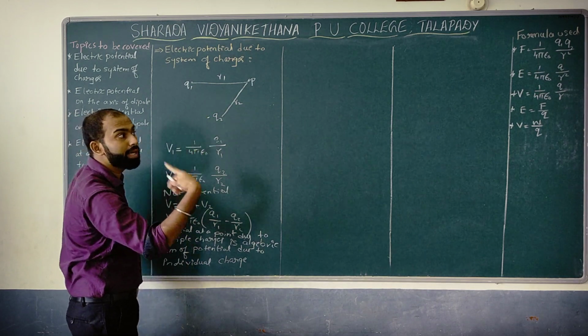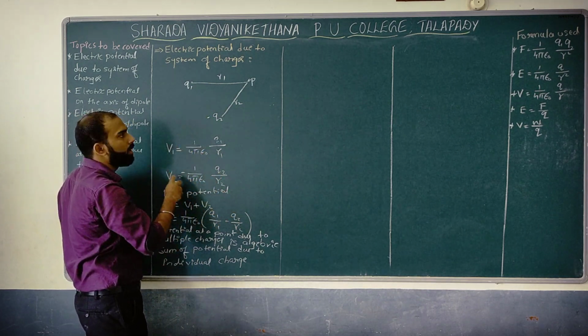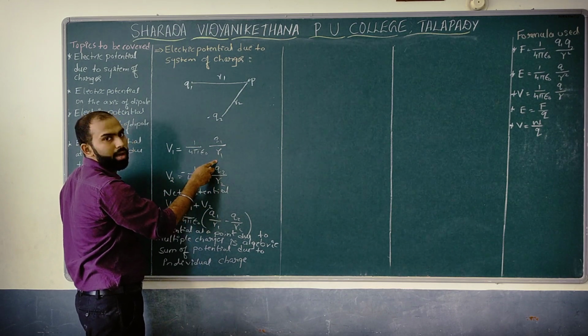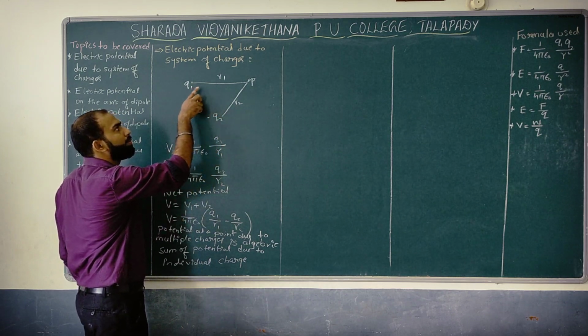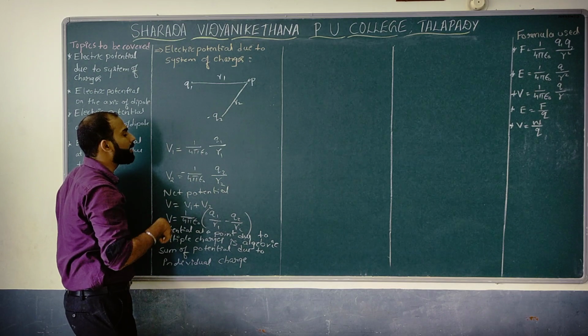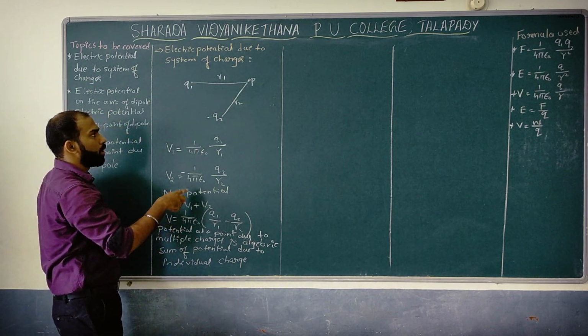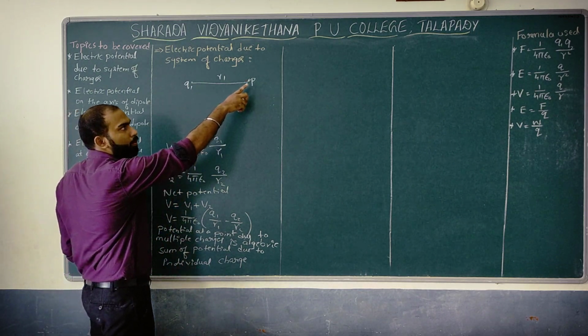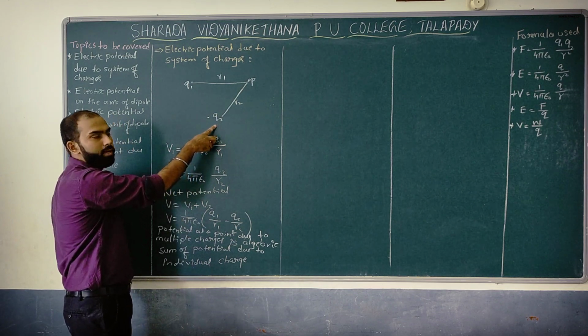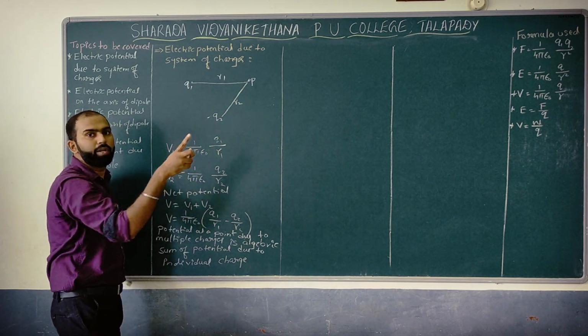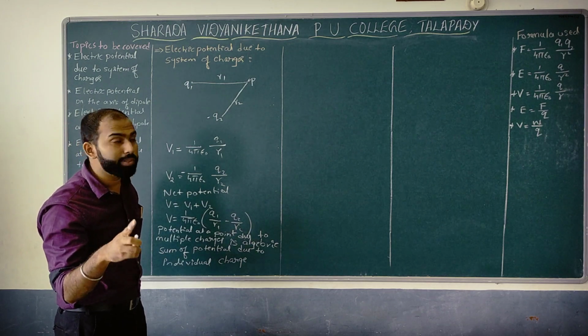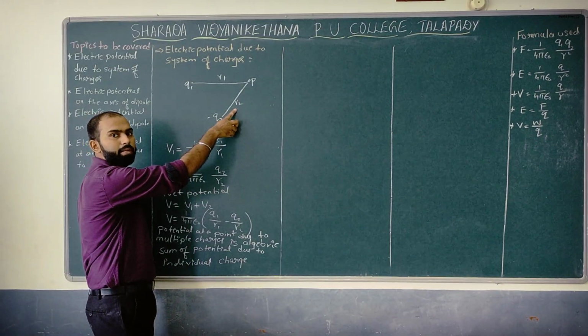Q is replaced by Q1, and R is replaced by R1, because you have kept Q1 at the distance R1. Similarly, we need the potential at point P due to minus q2, which you have kept at the distance r2.